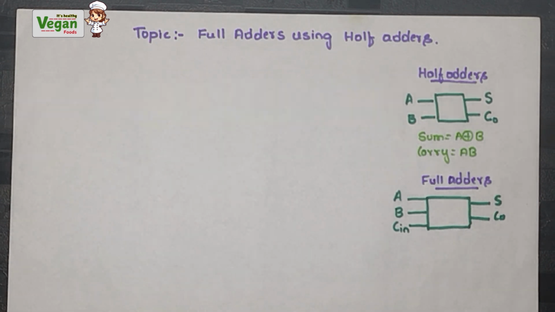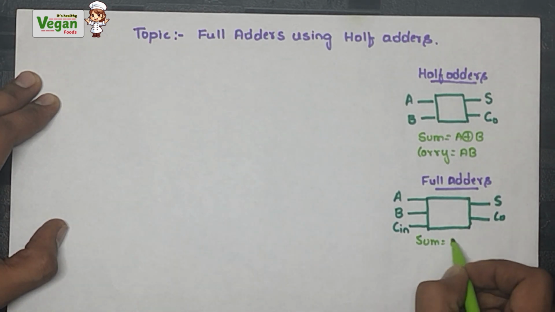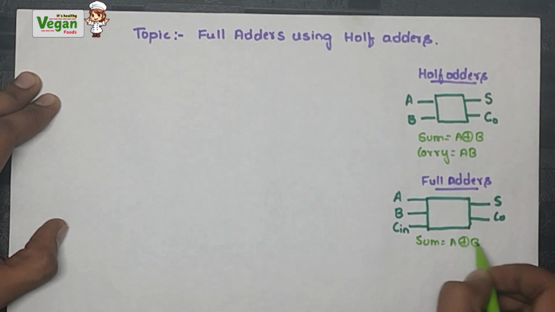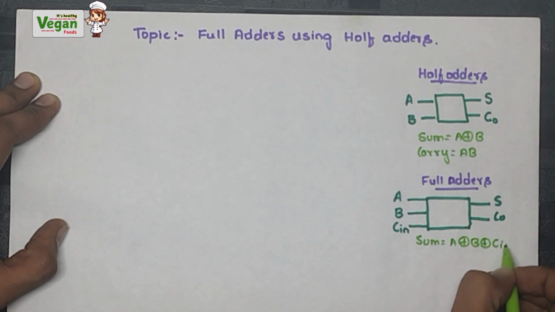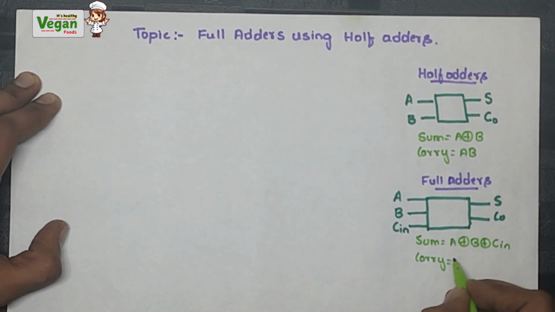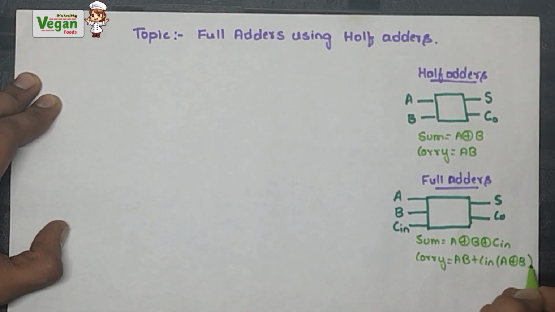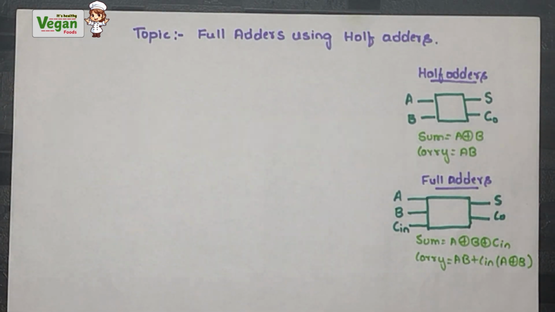Now for the full adder equations, the sum is A XOR B XOR C in. The carry is AB plus C in into A XOR B.